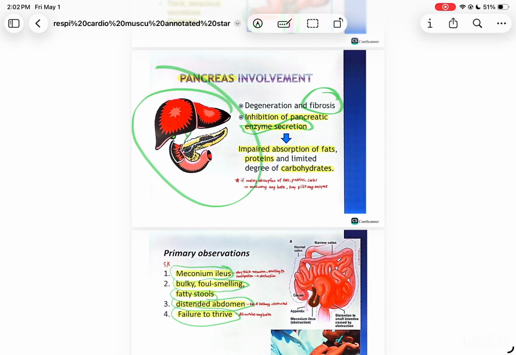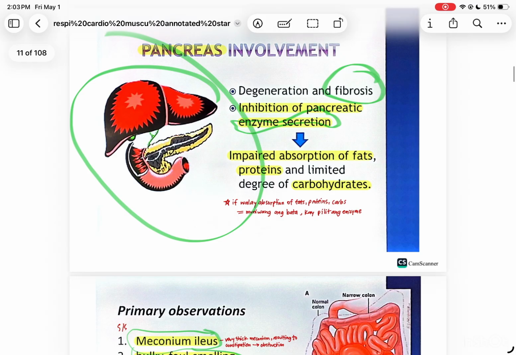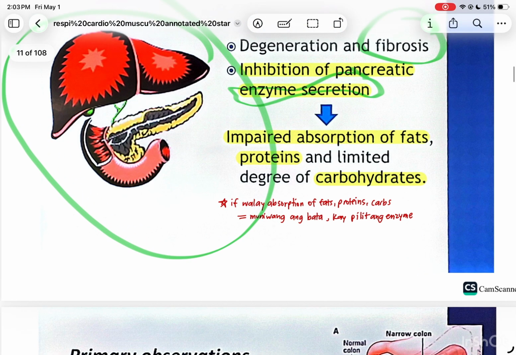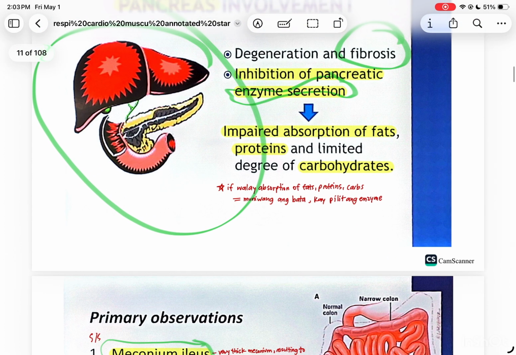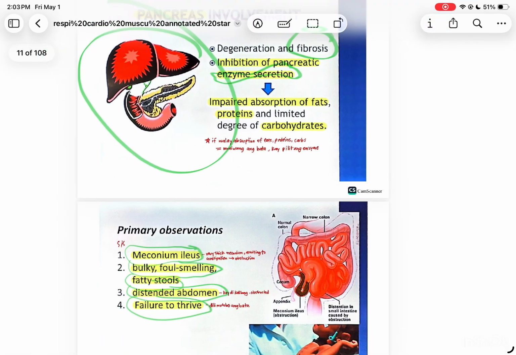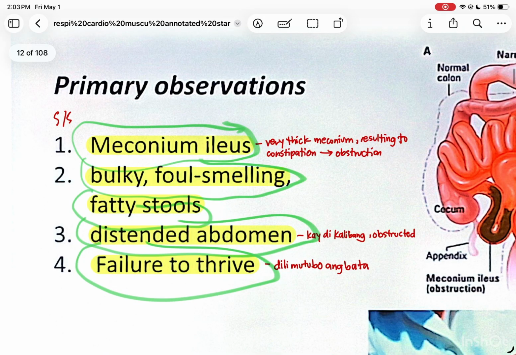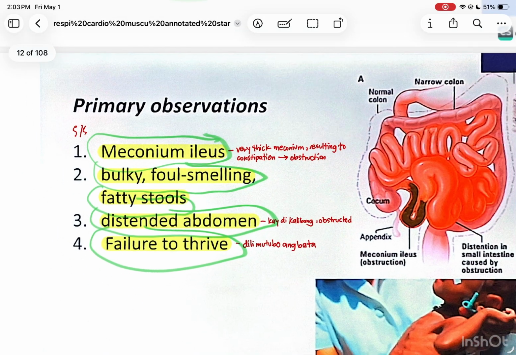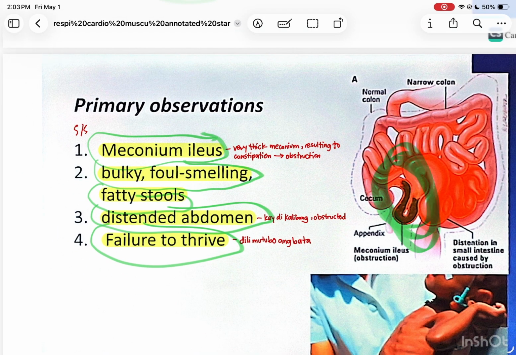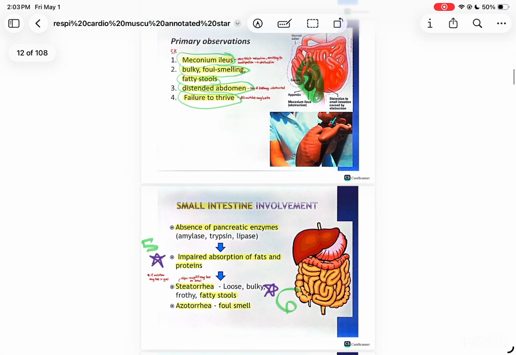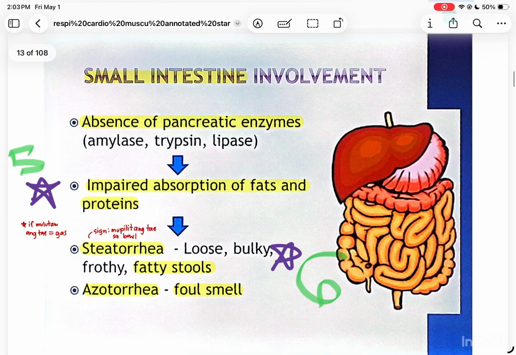Primary observations: meconium ileus, bulky, foul-smelling, fatty stools, distended abdomen, failure to thrive. Failure to thrive occurs because the pancreas cannot work properly and secretion of pancreatic enzymes is inhibited.